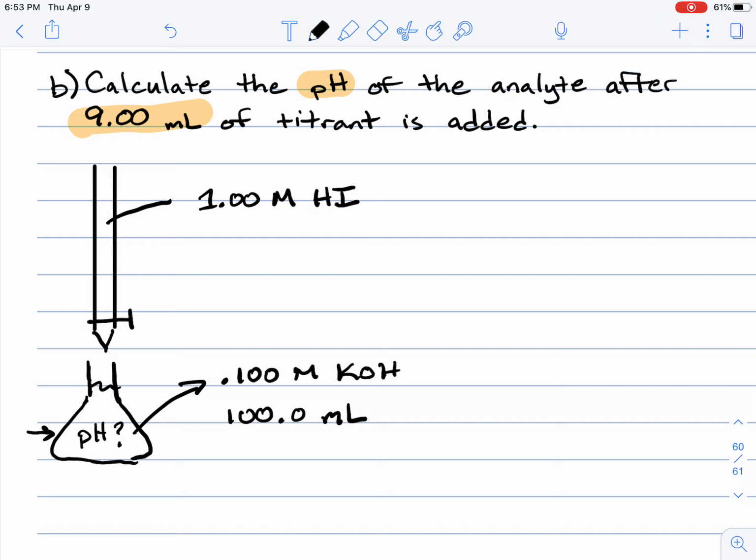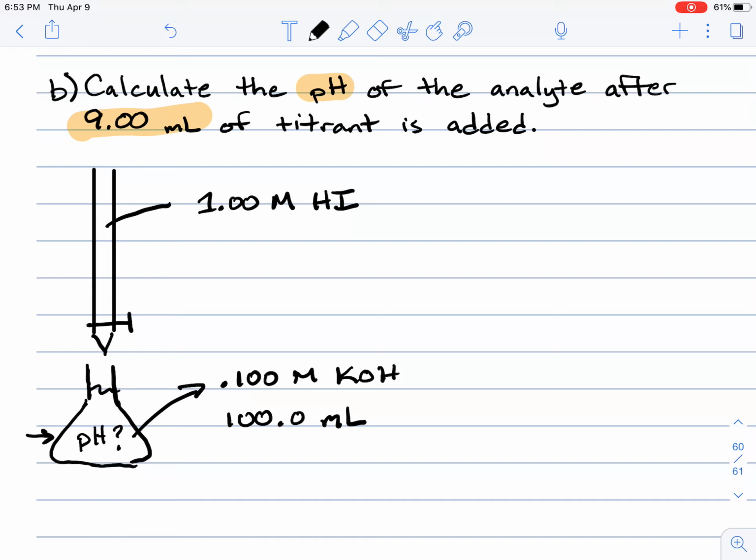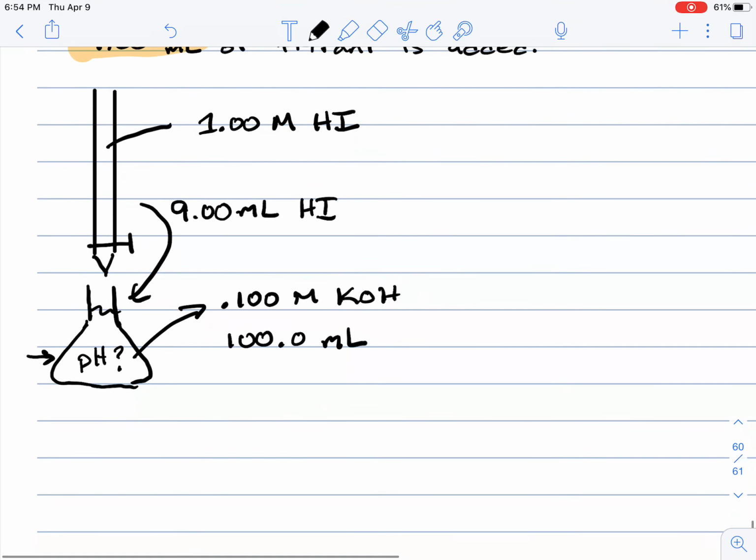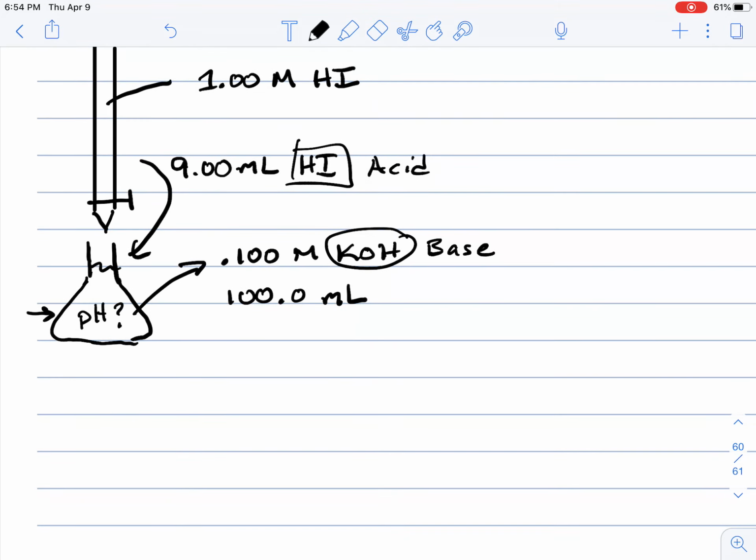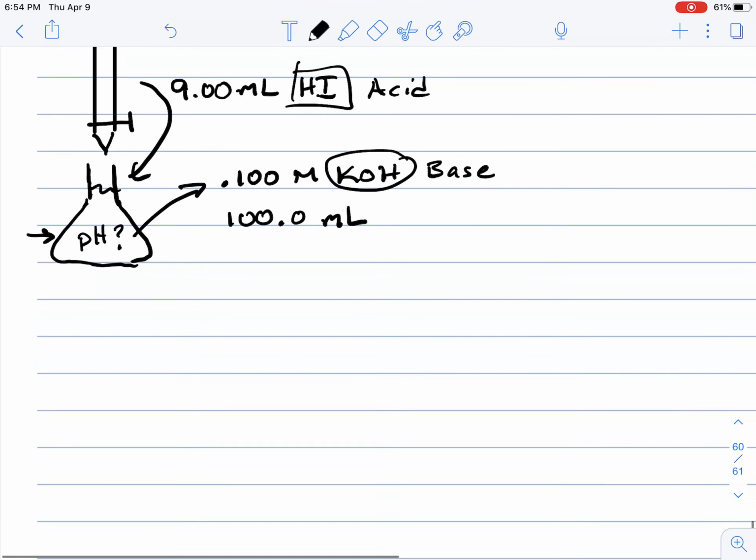All right, so now that we calculated the initial pH, we're going to still calculate the pH. However, this is after we added 9 mL of titrant. So here we're adding 9.00 mL of hydroiodic acid. All right, and so if we're adding this acid to this base, we do get an acid-base reaction.